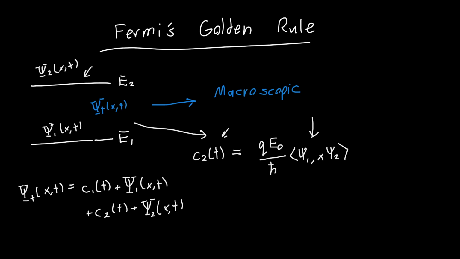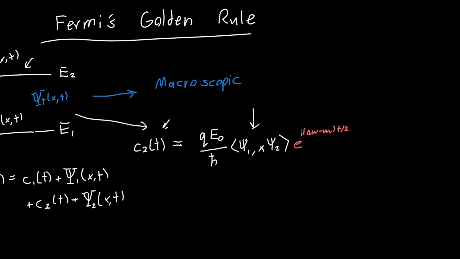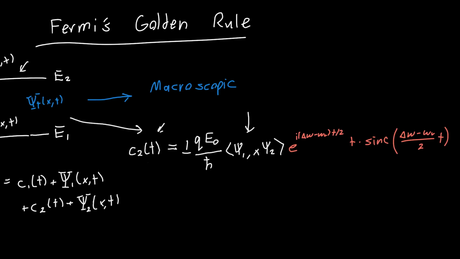And then multiplied by this complex exponential, this function of time, e to the i (delta omega minus omega L) t over 2, times t times sinc of (delta omega minus omega L) over 2 times t. And actually there should be a 1 over 2i out front, which I seem to have missed.